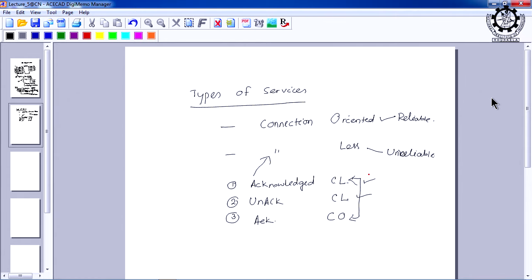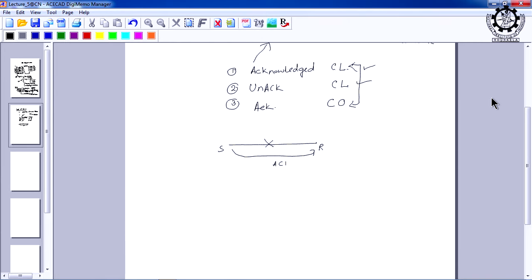It is a little bit more reliable because though there is no connection between the sender and the receiver, every packet or every frame that is received by the receiver is acknowledged. So, an acknowledgement message comes back to the sender from the receiver. This improves the reliability of the transmission. That is what acknowledged connectionless service is.